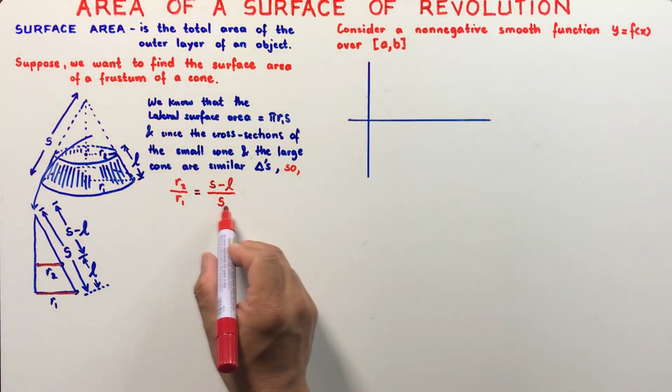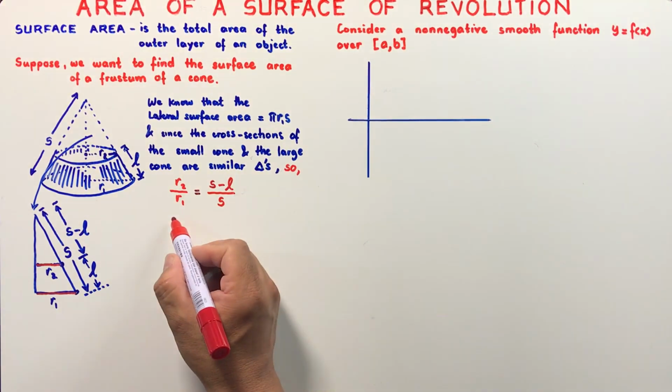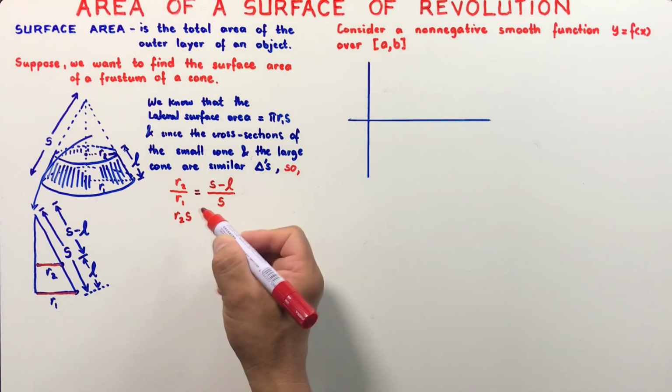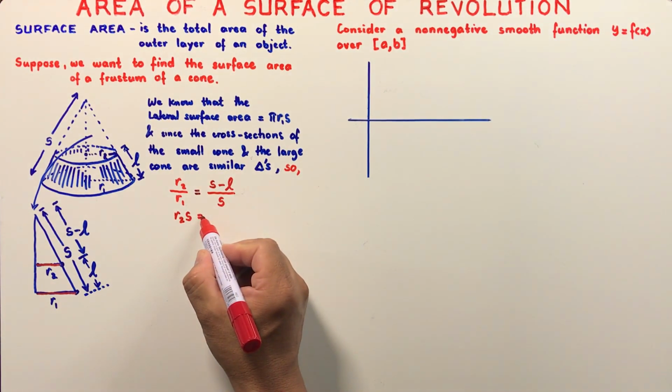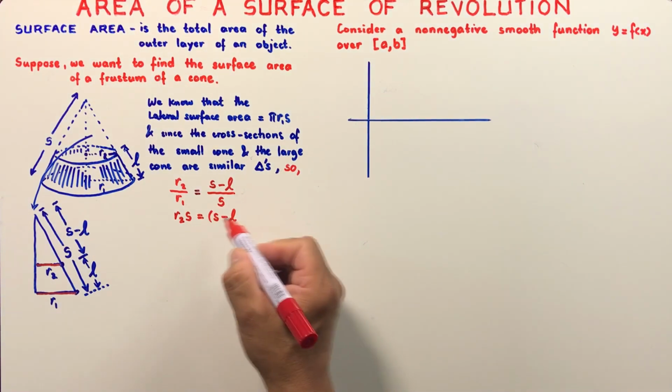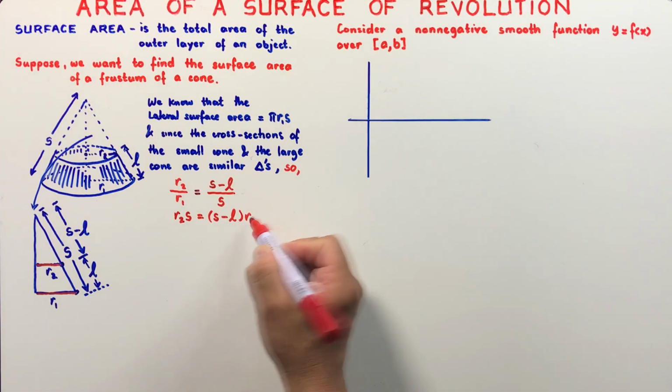If you multiply both sides of the equation by s, we have r sub 2 s, and also multiply both sides by r sub 1, we have s minus L times r sub 1.